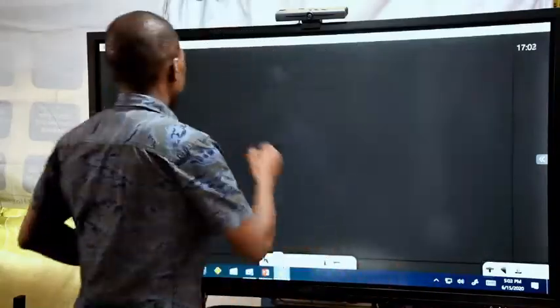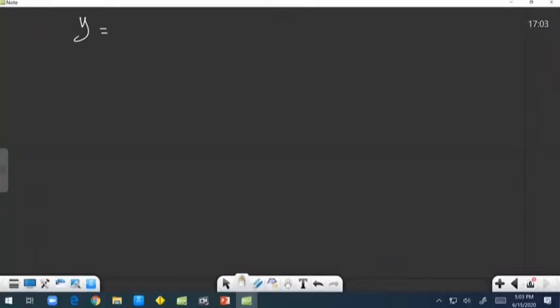We have this, y is equal to uv, as product rule. We want to use the product rule to solve problems of this nature. When you are given y equal to uv, how will you differentiate this? Now, we can prove this quickly and say, since y equal to uv, let us use what we call the first principle to prove that using the product rule, we can differentiate a product function.